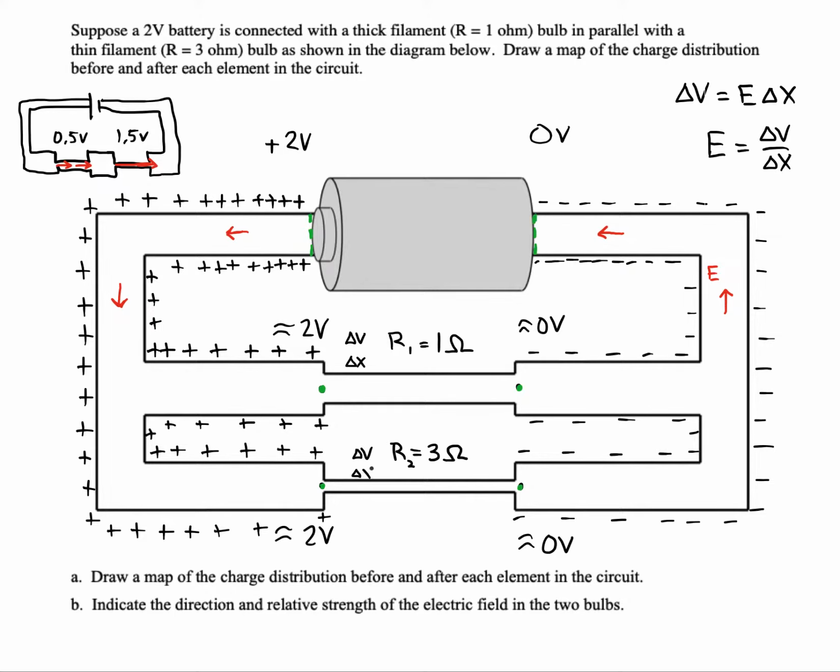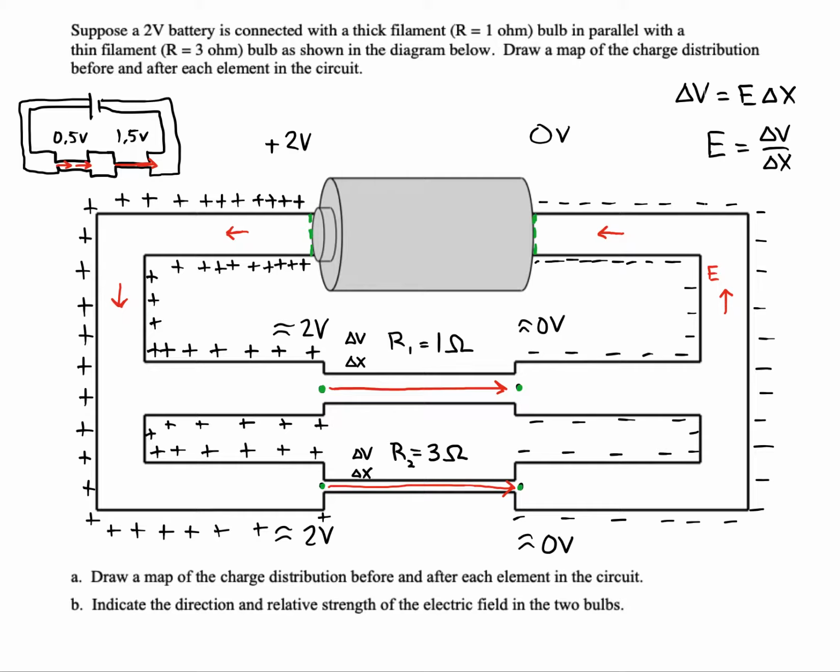So that helps us reason out what the field strengths must be like inside those bulbs. So it must be that they're actually equal. And I can express that with just one long arrow of equal length for both bulbs.